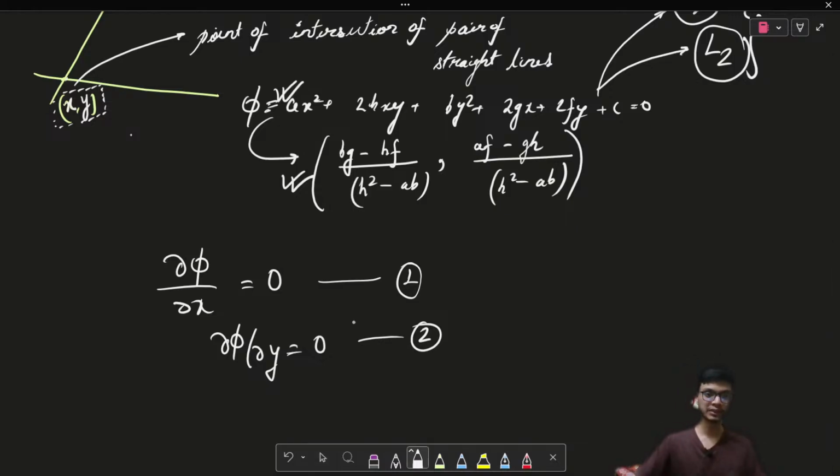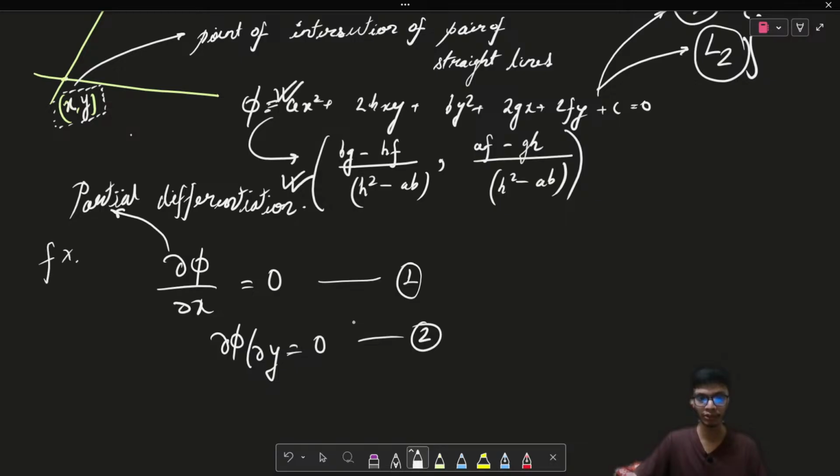Now what does this partial differentiation mean? You have done ordinary differentiation, right? The concept is that whenever you have a function which is dependent upon two variables, partial differentiation means that when you are partially differentiating this particular function with respect to x, you are considering y to be constant.